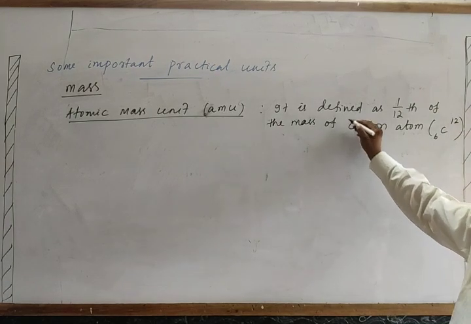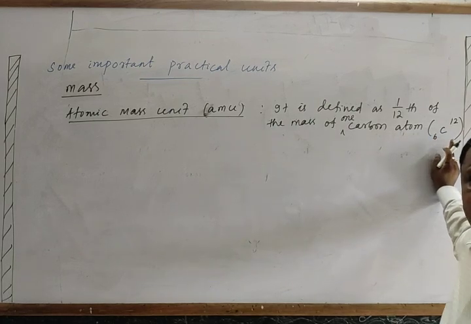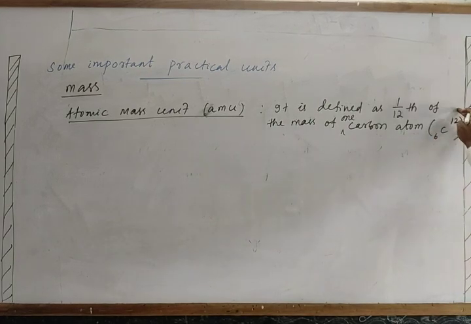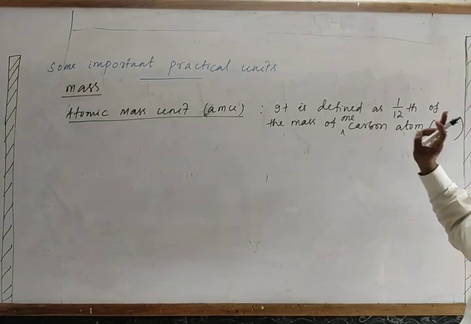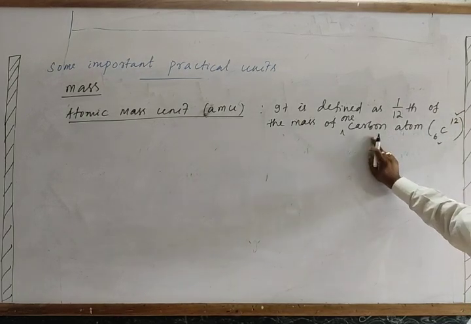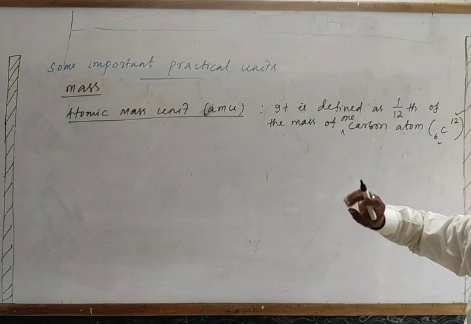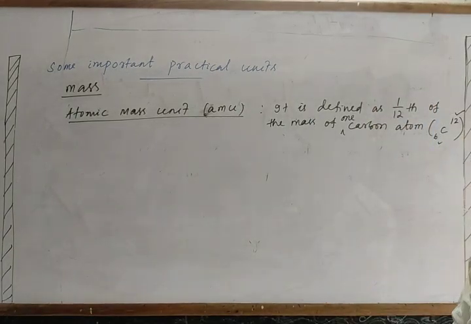So the mass of one carbon atom of this isotope. Not the carbon with mass number 13, which is also there. We are using the isotope of carbon whose mass number is 12 and atomic number is 6. Take that one atom, and take 1/12 of the mass of that atom. That will be one atomic mass.